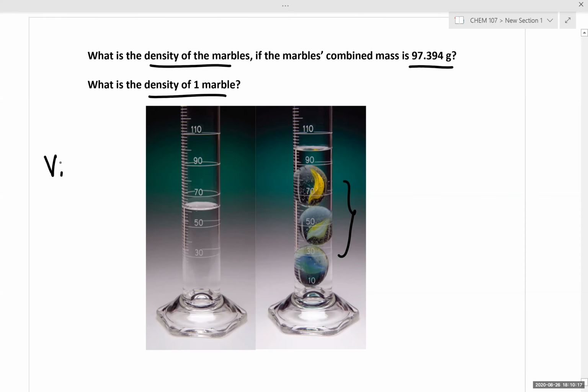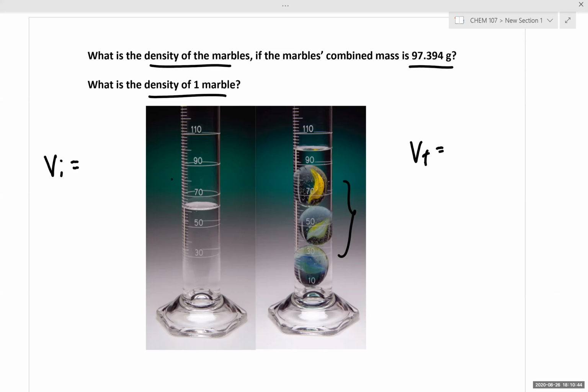So your first order of business is to figure out your initial and final volume. And keep in mind, for these pictures, you always need to check and figure out what each of these graduated marks is representing. So let's spend 5 to 6 minutes on this cumulative example, and then we'll discuss this example together.